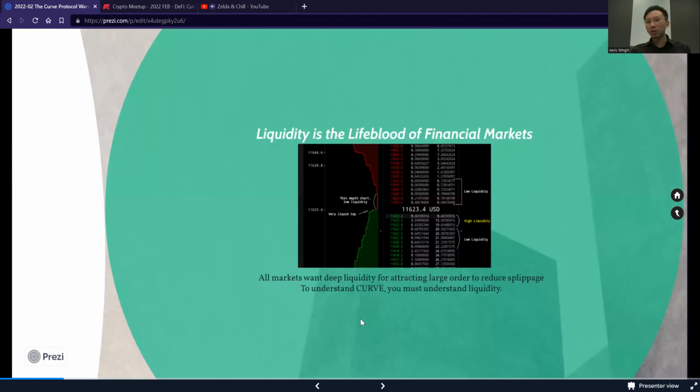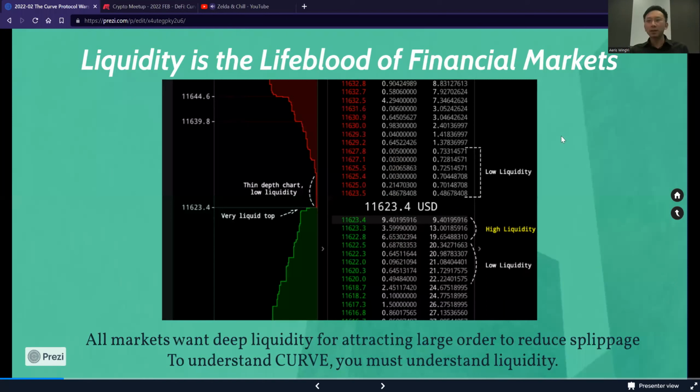Okay, so the first thing to really understand with the Curve protocol is understanding what liquidity is in an exchange, and in a decentralized exchange especially. Liquidity is the lifeblood of financial markets. Without liquidity, none of the stock market will work.